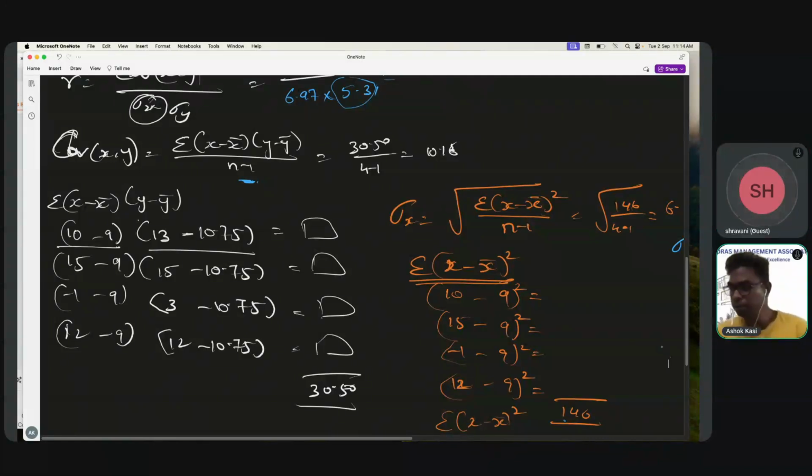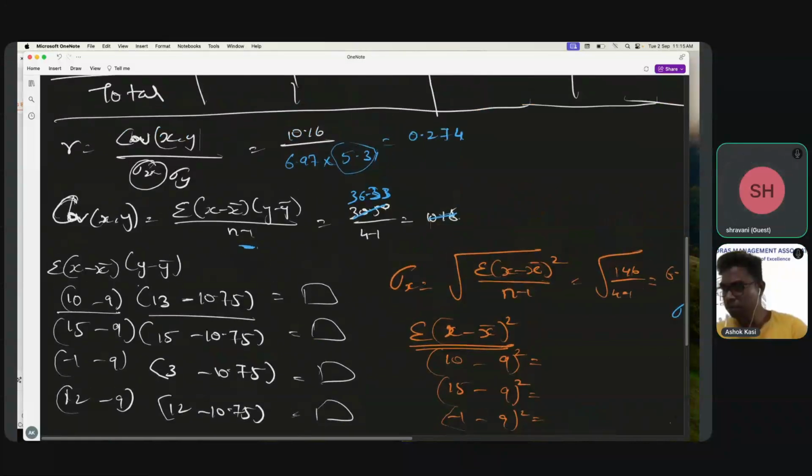So what happened? The covariance is 36.33. Yes. So divided by 3 comes to... No, the total is 36.33, overall this number.